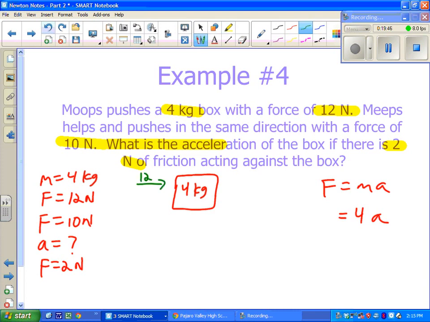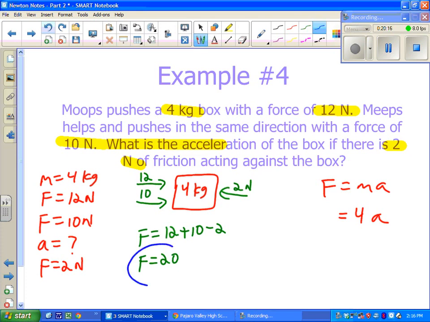If I push at 12, and Meeps pushes in the same direction, 10, and I have 2 newtons of friction pushes this way, my total force is really 12 plus 10, because they're pushing in the same direction, and we subtract the 2, because it's going in the opposite direction. So we get 20.